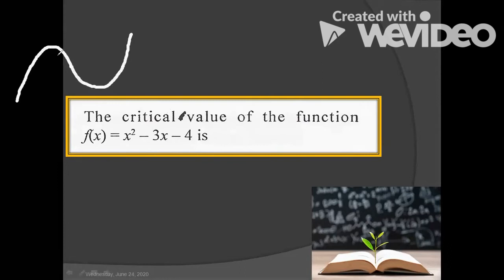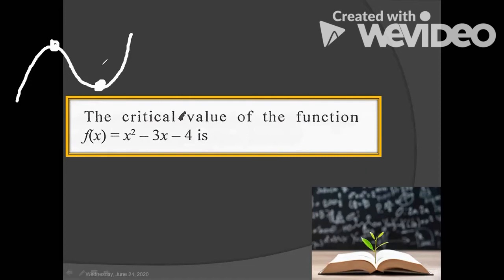At these points, this would be the maximum point and this would be the minimum point. These points are called turning points, stationary points, or critical points. The x value by itself of these 2 points is called a critical value.